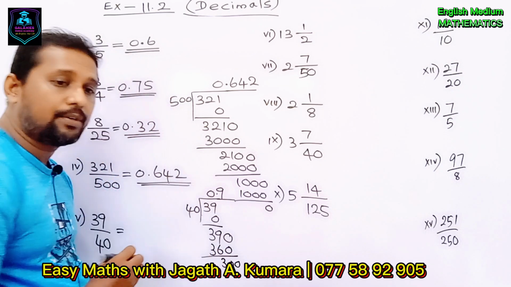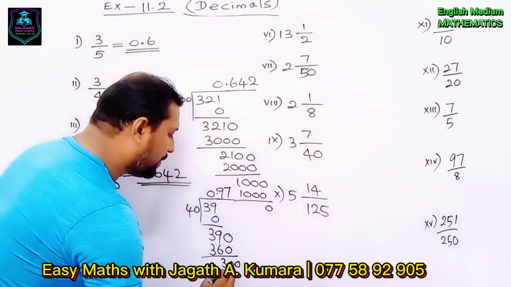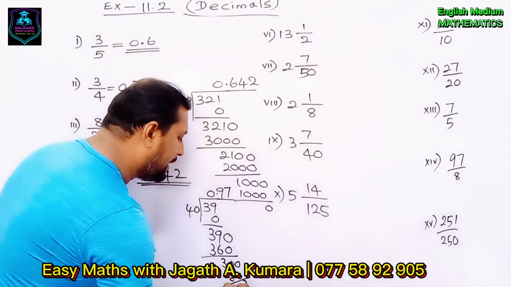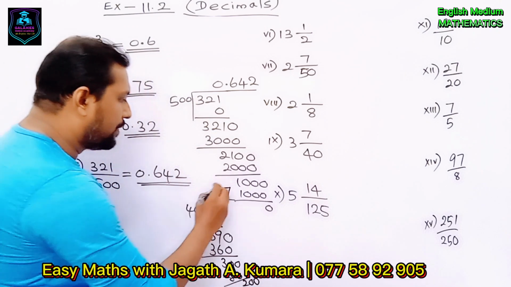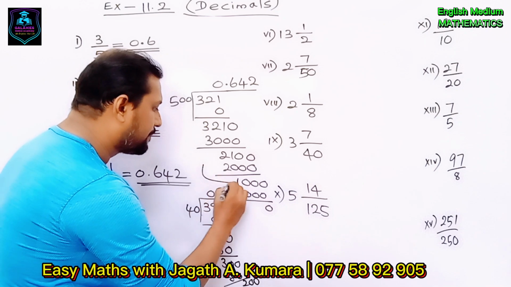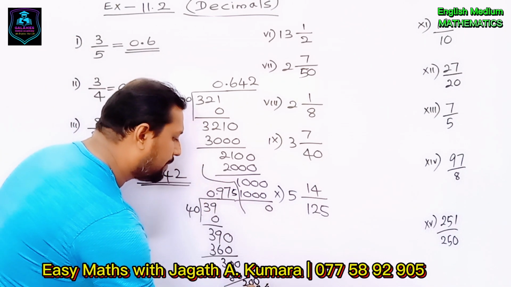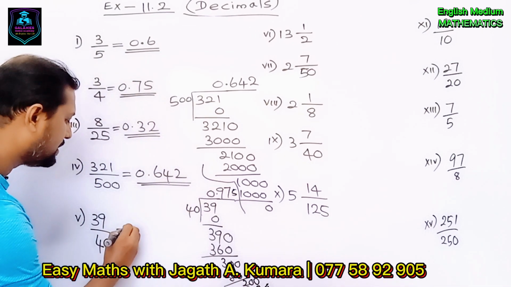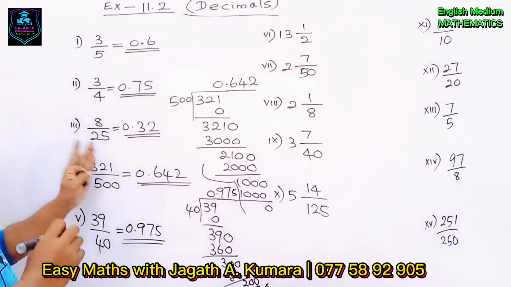Then another 0 you can put. 300 divided by 40. 7 times 40, 280. Remaining 20. Then 200. 200 divided by 40. 5 times 40, 200. 200 minus 200, 0. So the answer is 0.975.